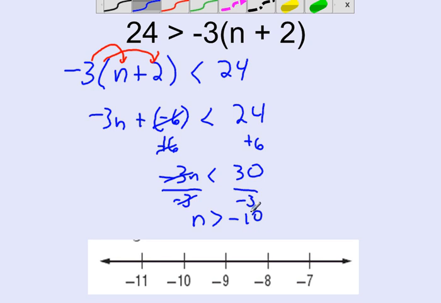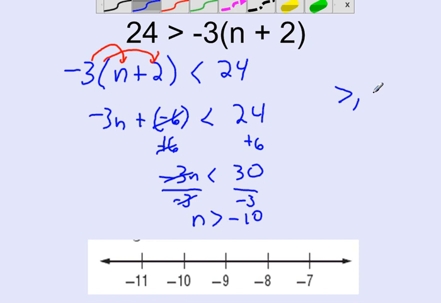Now I have to graph it down below on my number line. Okay, so the first thing we look at is our key number. Our key number is negative 10. So I go down here at negative 10, and I have to decide, is it going to be a closed or open circle? Well, since the sign is greater than, okay, that gets an open circle.